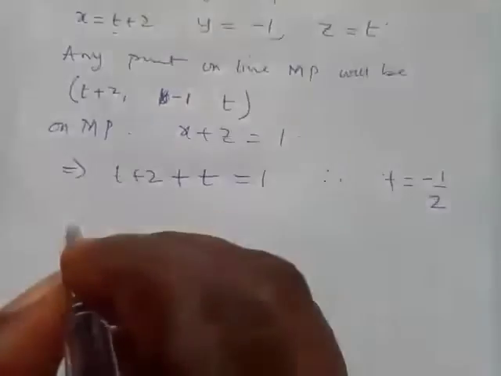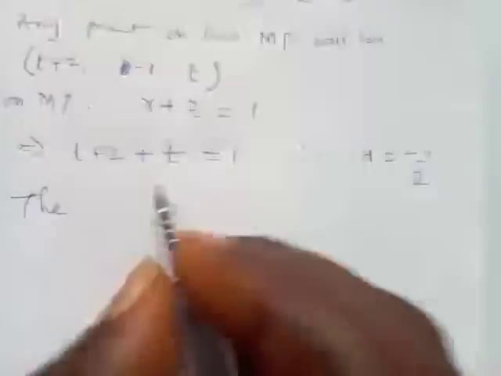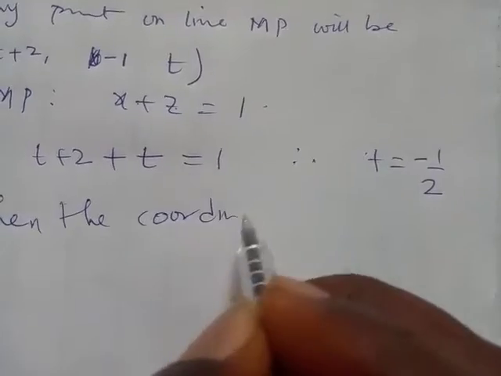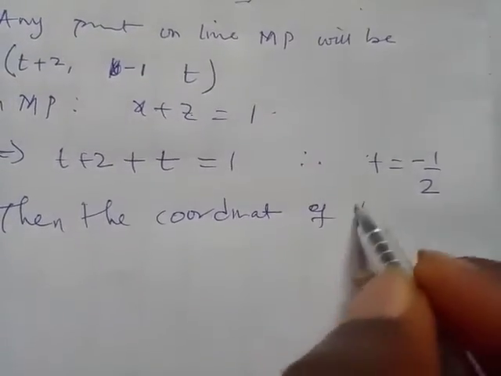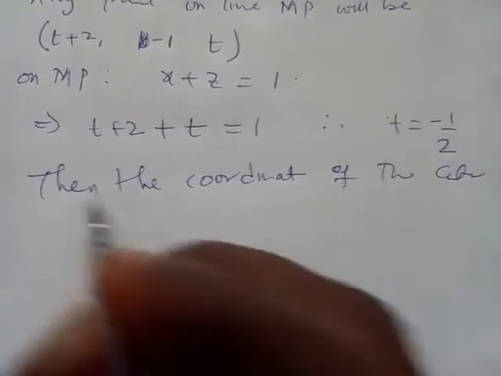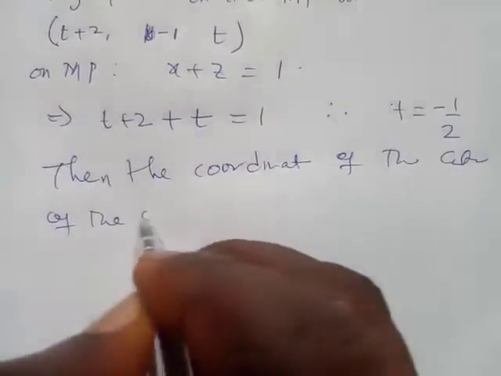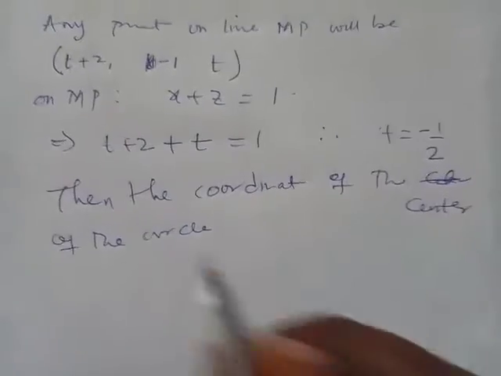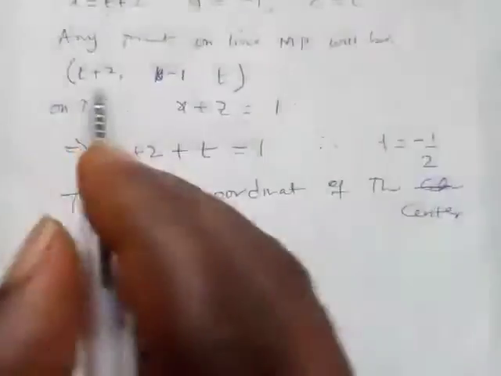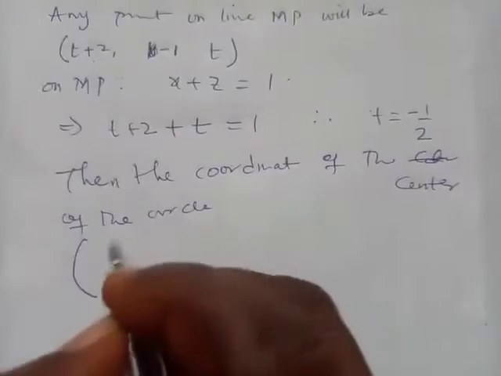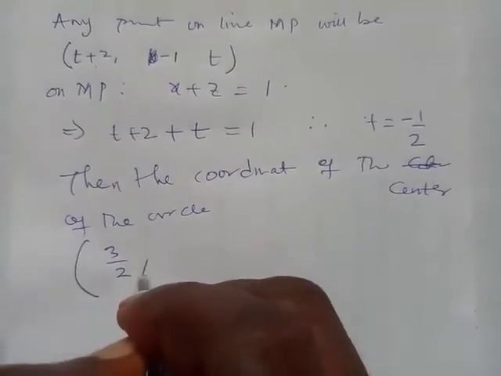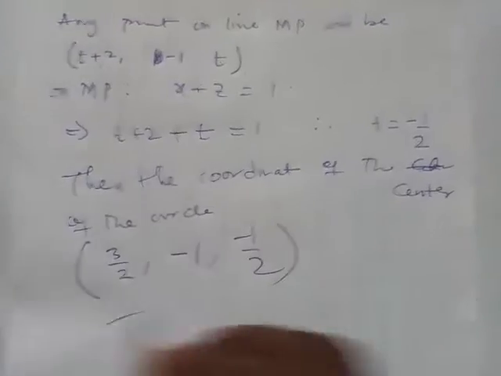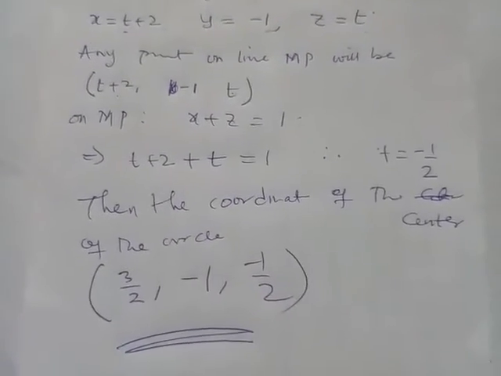So if t is equal to minus 1 over 2, then the coordinate of the center of the circle, we put t to be minus half. That is 3 over 2. Minus 1 remains. This is minus half. So this is the coordinate of the center of the circle.